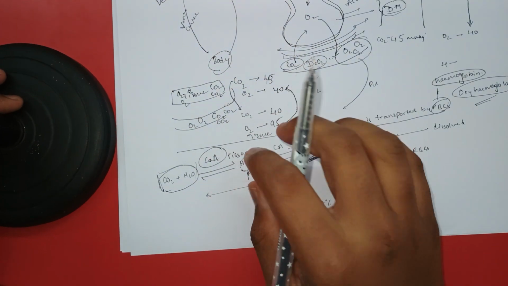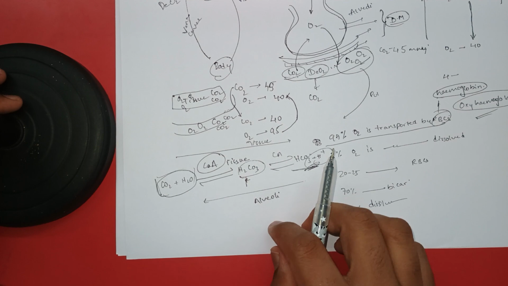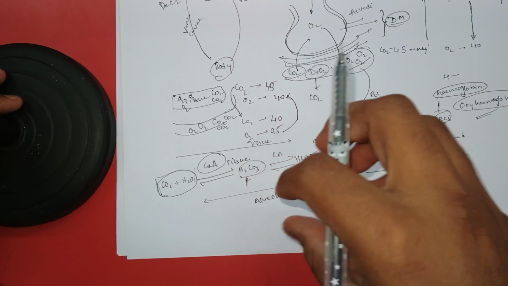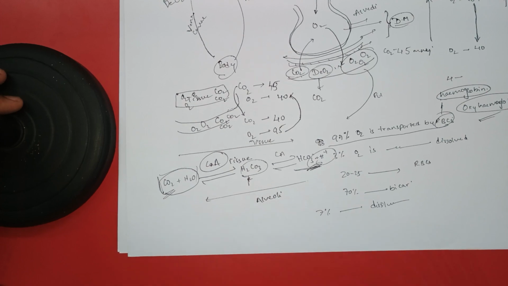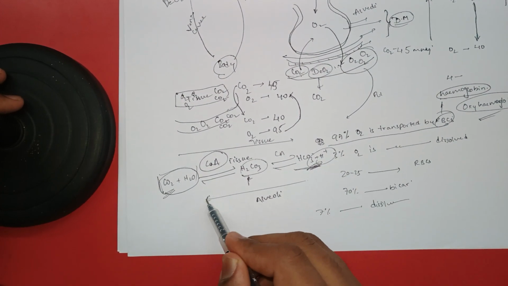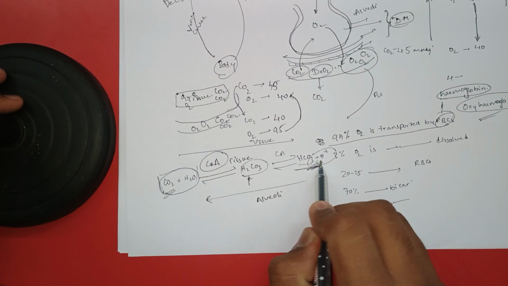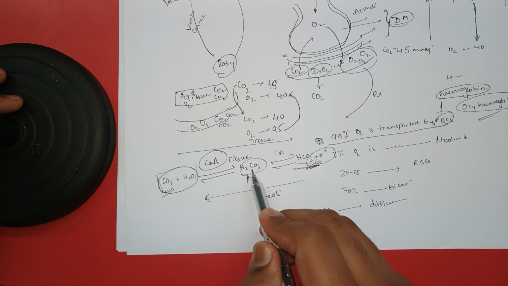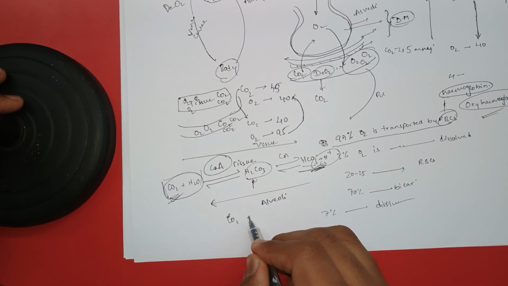This is the formation of bicarbonates, and we have to get relief of this carbon dioxide. In order to get this carbon dioxide rid, in the alveoli the reverse reaction happens. HCO3 and H plus combine to form H2CO3, and this H2CO3 breaks down into carbon dioxide and water.